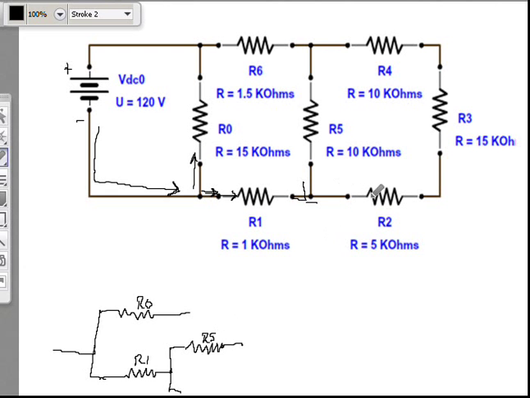And down here, I've got R2, R3, and R4 in series. And this branch is coming back together on the other side of R5.